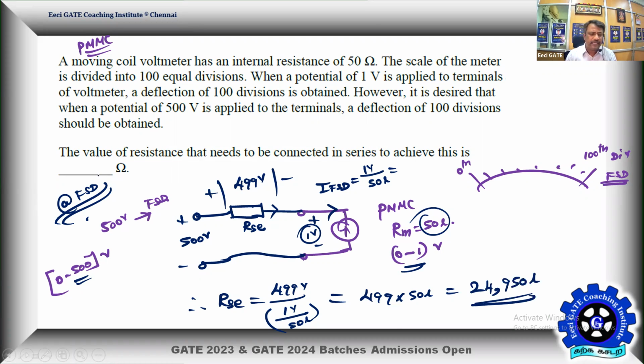So you need to feed the answer as 24,950. The best answer for this problem is 24,950, option D. He didn't say whether your answer must be an integer, so assuming it's a numerical answer type problem, you feed 24,950. You're getting an integer number, so you can give the integer answer.